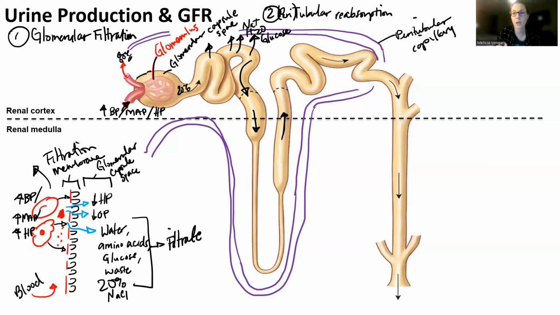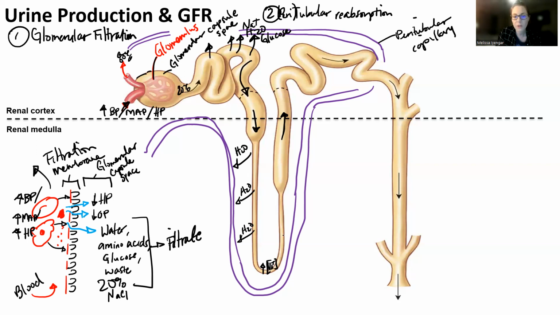Okay, so in the descending limb of every nephron loop, you're going to have reabsorption of water all the way down. And that's going to change your filtrate so that once you lose water, it's going to become super salty. So the filtrate at the bottom of the nephron loop is going to have a really high concentration of salt.